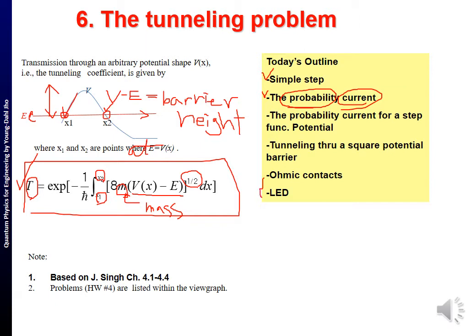Then in terms of application, ohmic contacts and LED will be discussed. So tunneling is a very important problem in device studies. This is based on Singh chapter 4, and homework problems are listed within the viewgraph.